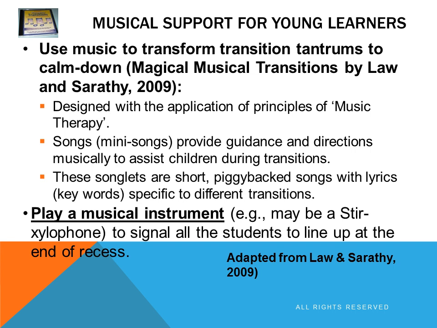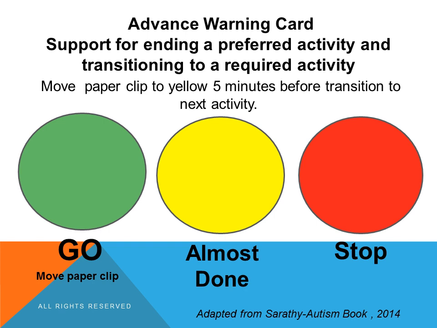After they play that, they know that's a signal to move to the next activity. So that's something you can also use. And you can also use an advanced warning card, and that is there to move them from one preferred activity, especially to a required activity. Or you can use it the other way around.